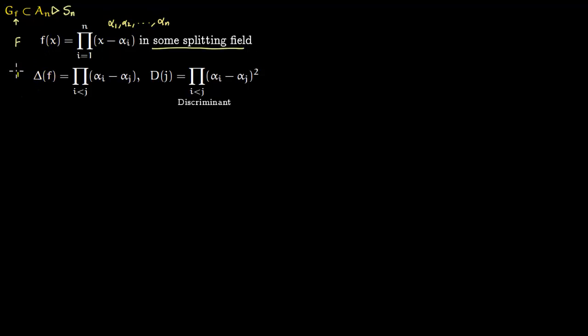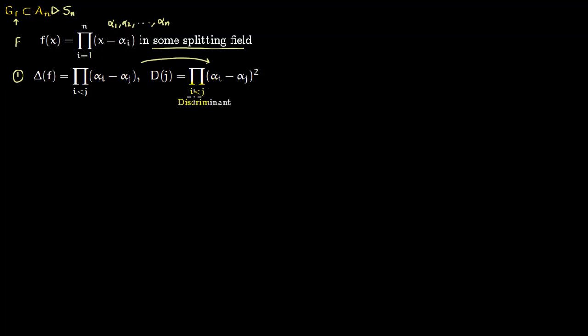The first construction is delta f, where you just take the difference of two roots, alpha i minus alpha j, but i is less than j. And then we have D of f, which is just the square of this. You just take the square right here, but again notice that i is less than j.